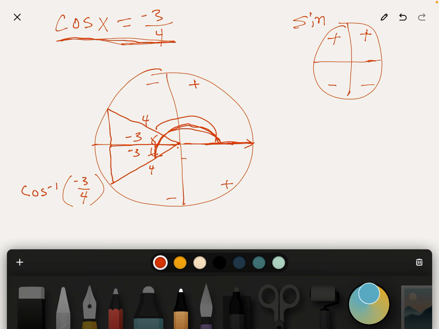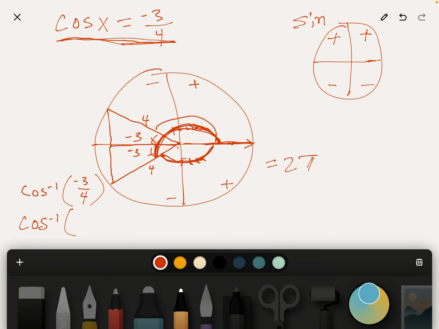And there's different ways of expressing that, but the way he's chosen to express it is to say, okay, I don't know what that is, but I know that this angle up here plus this angle down here is going to equal 2 pi.